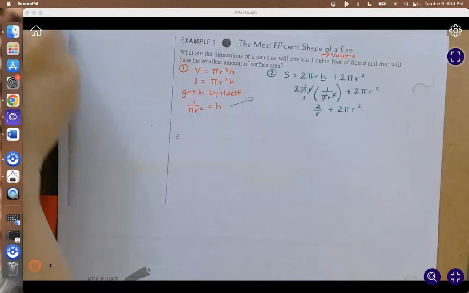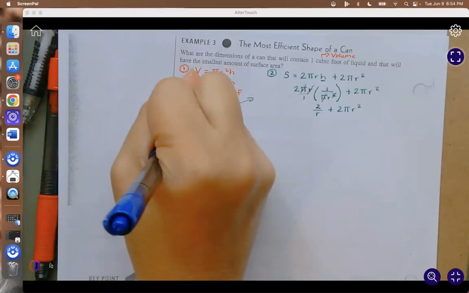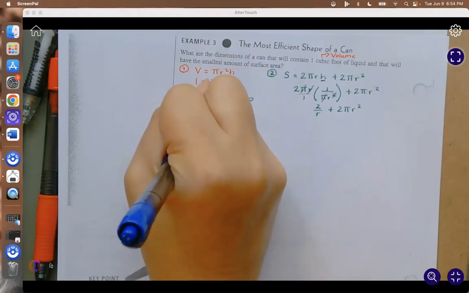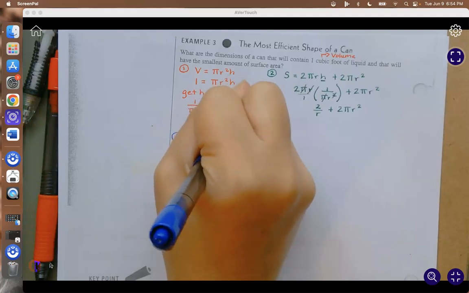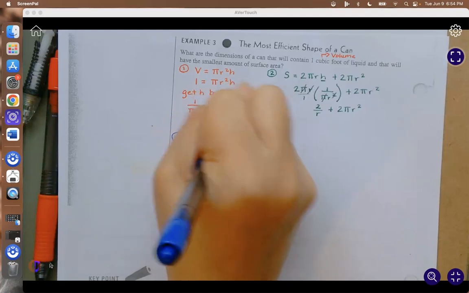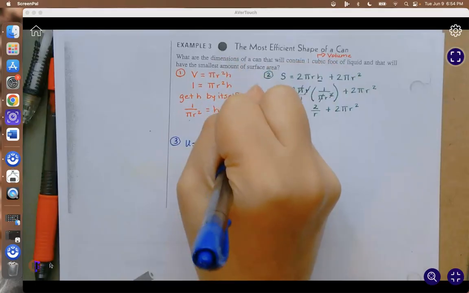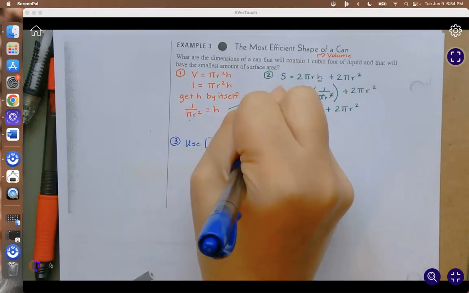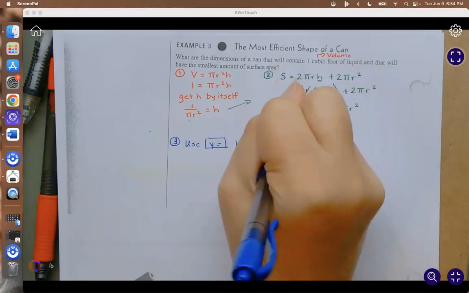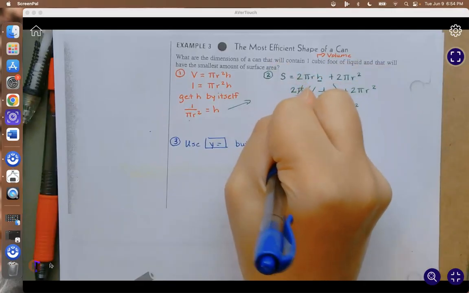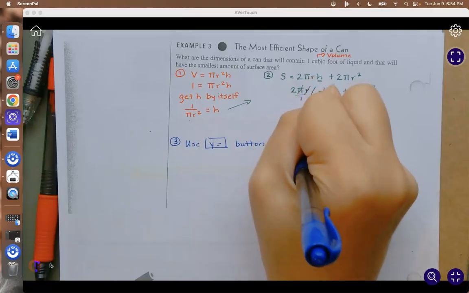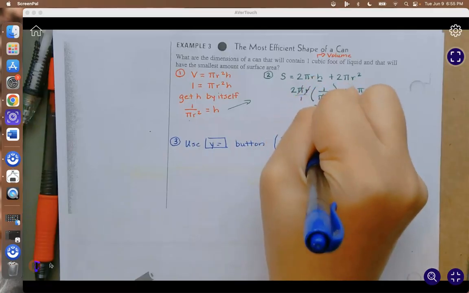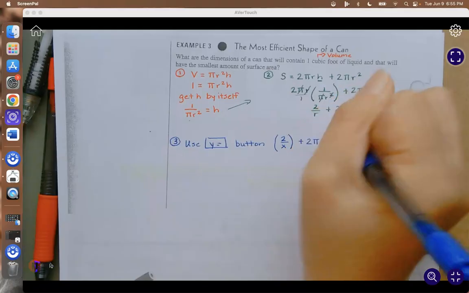I want to use blue for step 3. Now we're going to use our calculator. Okay? We're going to use the y equal button on your calculator. You're going to type in 2 over x, remember you use parentheses here, plus 2 pi x squared.